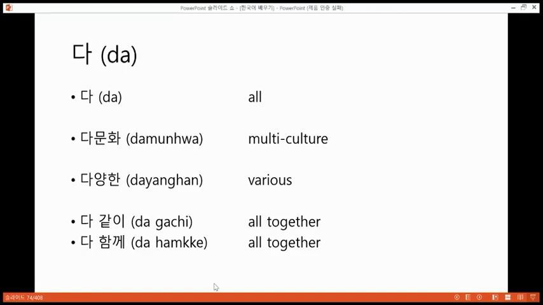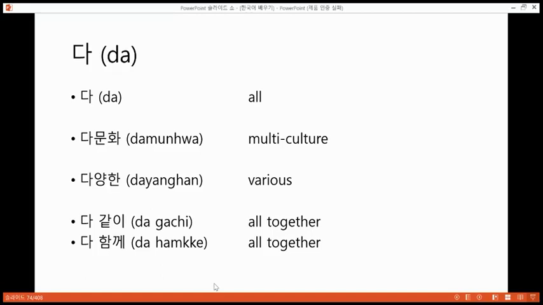Now let's say 다양한. 다양 is Hanja, which means variety. If you put the word 하다 after a noun, that becomes a verb. Can you say 다양하다? 다양하다 means to be various.